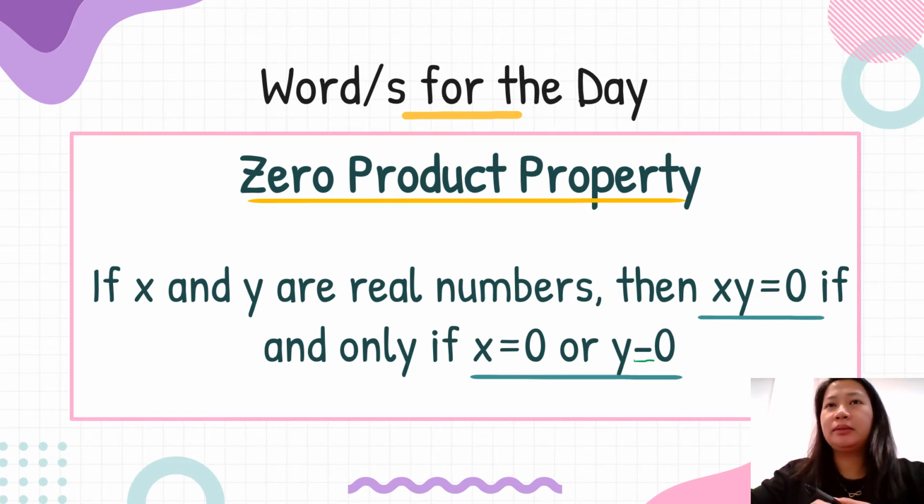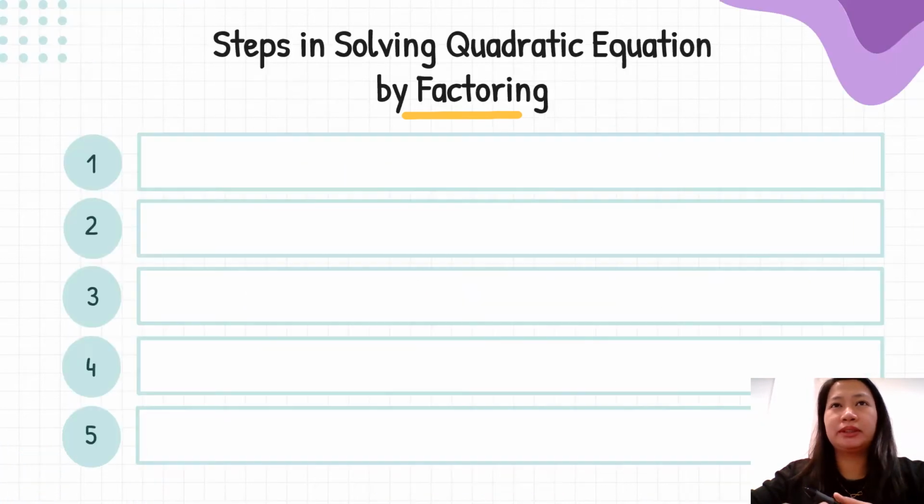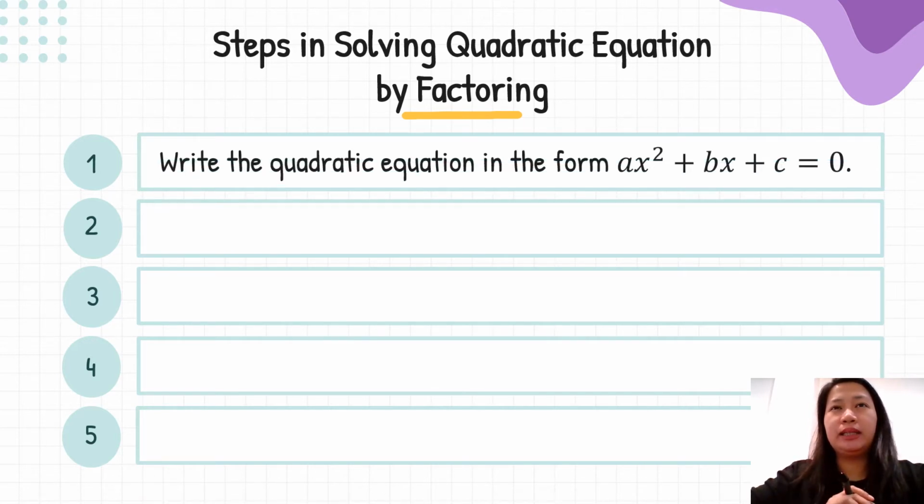Okay. And the steps. Of course, we should have steps. May 5 po tayong steps in solving quadratic equation by factoring. The first thing we will do is write the quadratic equation in the form of ax squared plus bx plus c equals 0. Kailangan po naka-standard form.